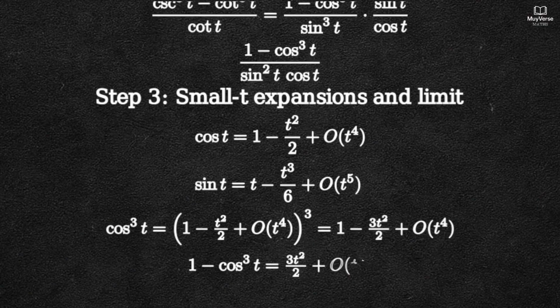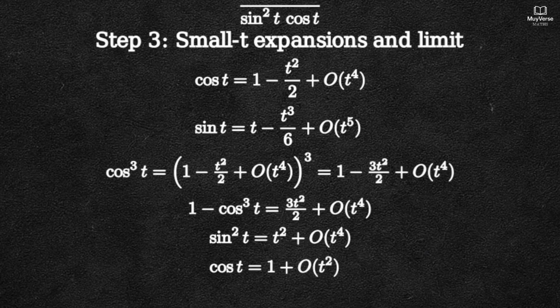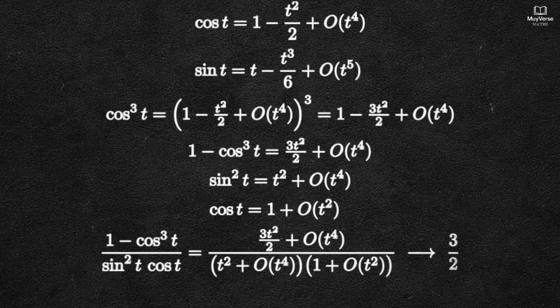Therefore, 1 minus cosine cubed t is approximately 3t squared over 2 plus higher order. Also, sine squared t is approximately t squared, and cosine t is approximately 1. Substituting into the fraction, the numerator is about 3t squared over 2, and the denominator is about t squared times 1. So the ratio tends to 3/2.